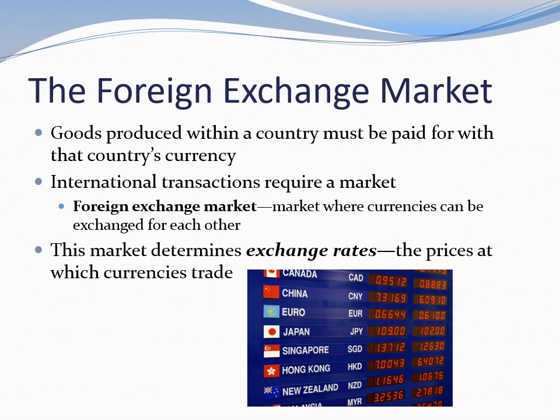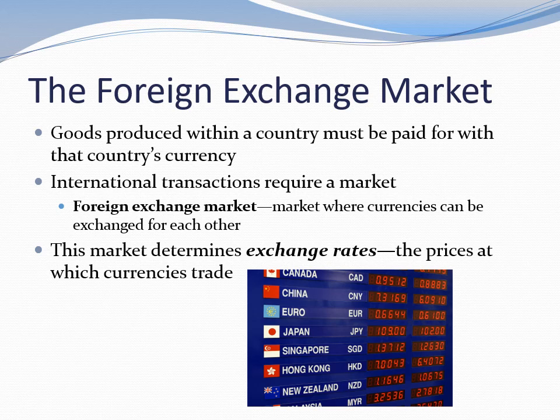There's an image on this slide that shows you these digital exchange rates that are constantly fluctuating. So the foreign exchange market is a place where currencies can be exchanged from one currency to another. And because we have so many different international transactions, it requires this market to exist.